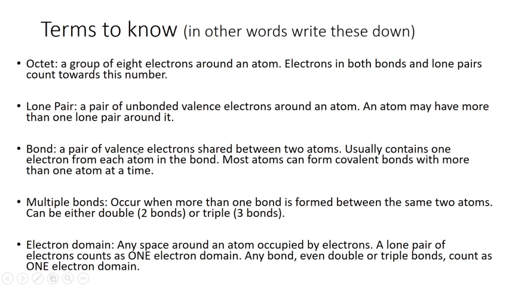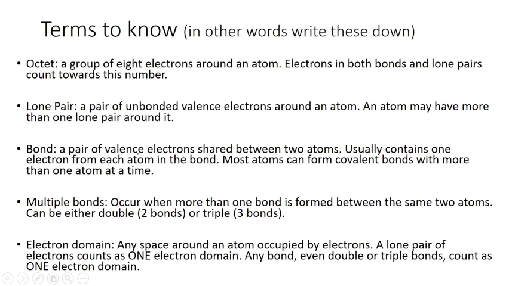Multiple bonds. So this is not when one atom has bonds with multiple atoms. It is when there is more than one bond formed between the same 2 atoms. And so you can have either double bonds, so that's 2 bonds, or triple bonds, 3 bonds between the same 2 atoms. And we will see some of that as well.